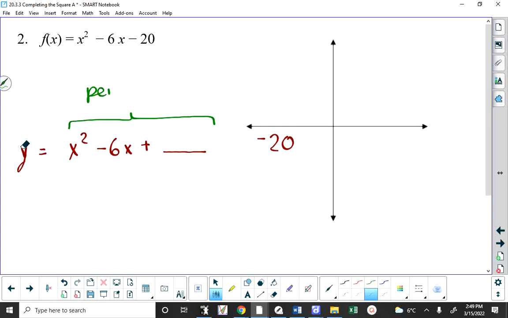And I'm not going to write this perfect square thing with the green bracket every time. Sooner or later, we have to kind of branch out on our own. The answer is 9, because half of -6 is -3, and when I square -3, I get 9. So a 9 goes here because that's what we're doing. We're taking half of b and then squaring it.